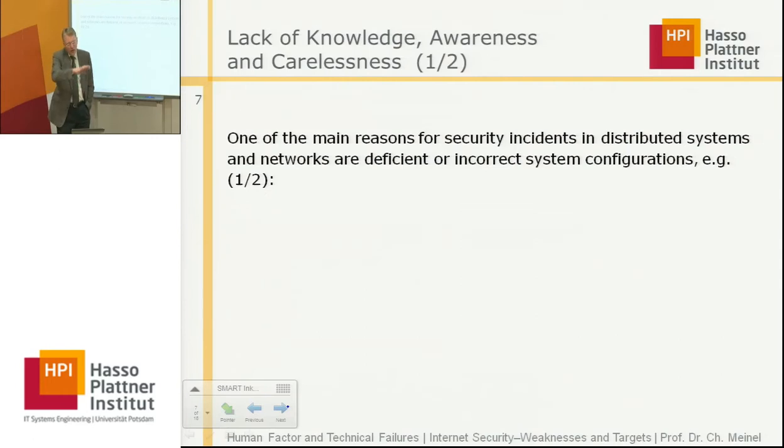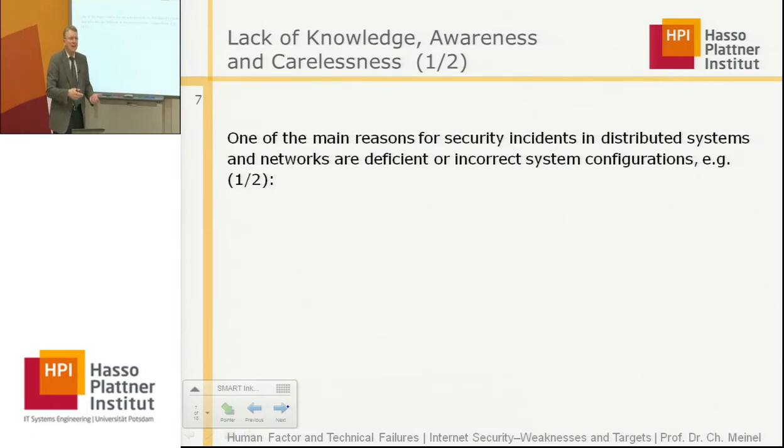In this first overview, I mentioned human failure, which is important. Often this human failure is not that people like to do something bad. That is only a small criminal part of the society. Most people using IT systems do this carelessly.